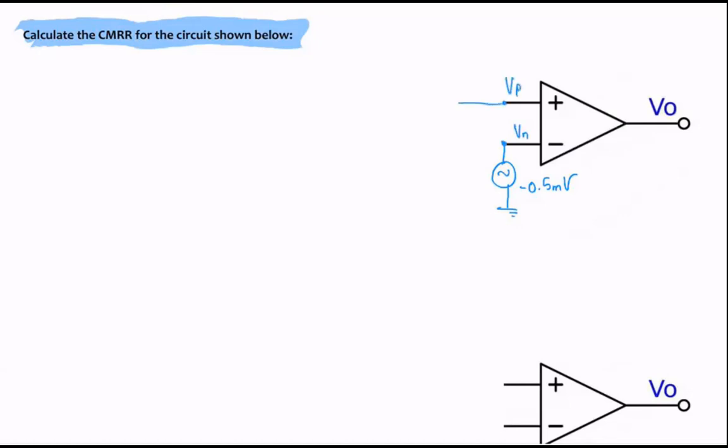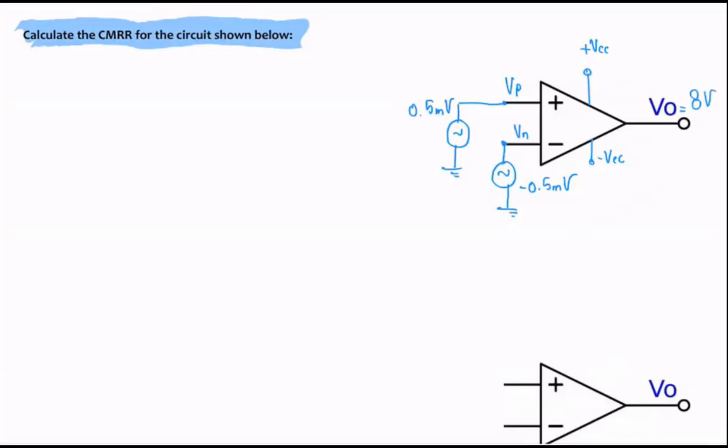And this Vp, which is the non-inverting terminal, is also connected to an input signal, which is 0.5 millivolt. We know that we have this positive VCC and negative VCC here, and then V naught is given here. It's going to be 8 volts.